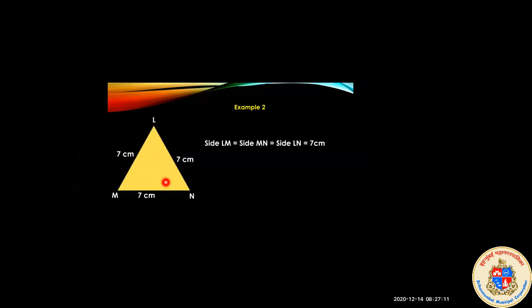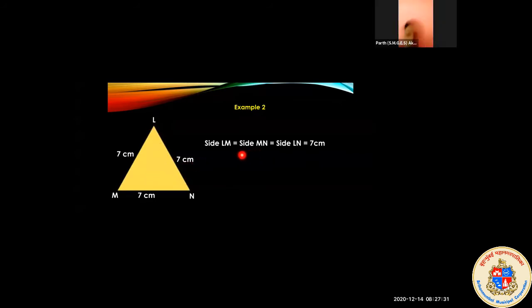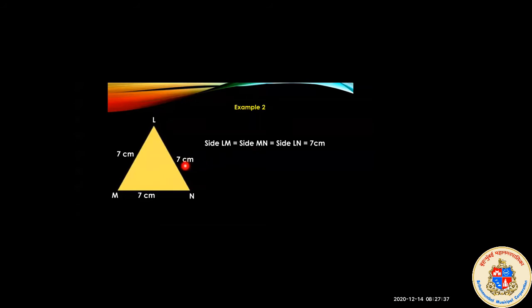Side LM is 7 centimeter, side MN is 7 centimeter, side LN is 7 centimeter. Can you tell me which triangle it is? Equilateral triangle. Very good. Well done.